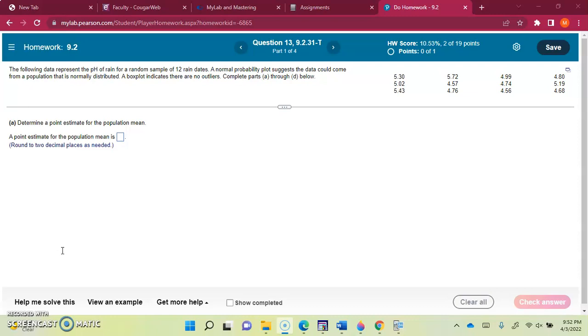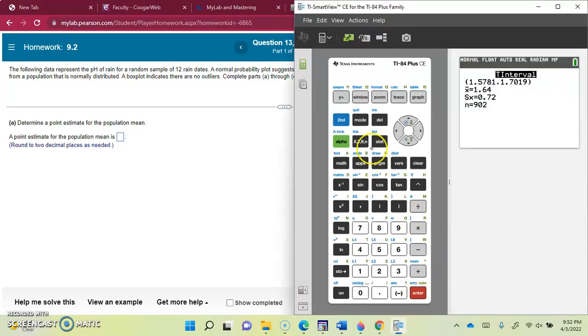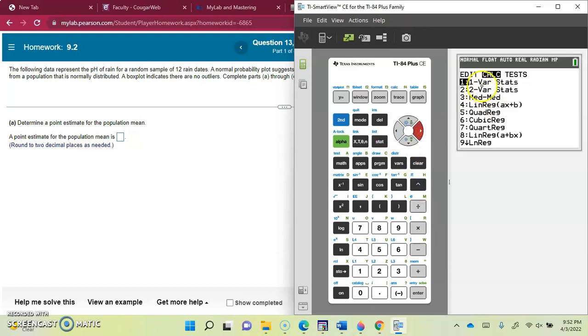Now the question is determine a point estimate for population mean. Point estimate means sample mean. So data is given to you. Either you can enter this in the calculator and from calculator if you enter the data in stat, edit and then go calc one variable stats, you can find the sample mean.